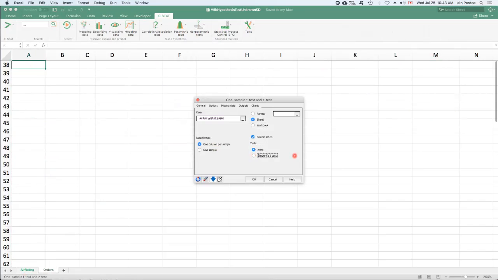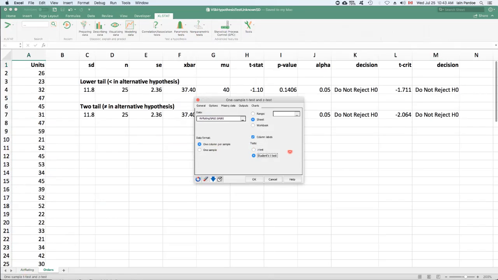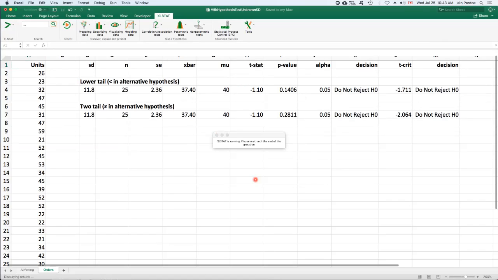We'll do a t-test rather than a z-test. In our options, we're going to do an upper tail test against a theoretical mean of 7. And our significance level will be 5%. And away we go.